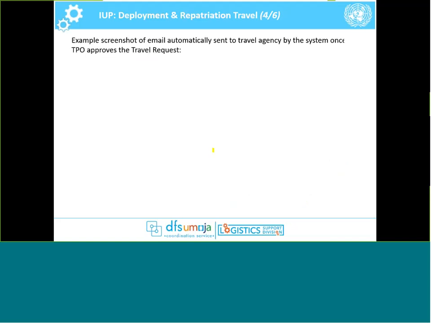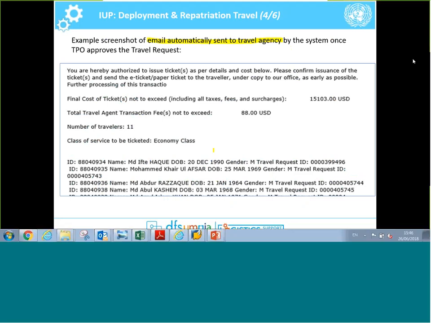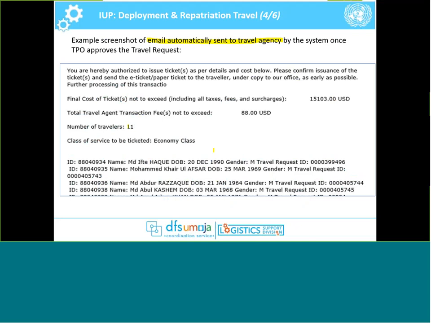Here you have an example of the email that is automatically sent to the travel agency once you, as a TPO, approve a group travel request. In this example, the group travel request was for 11 travelers.